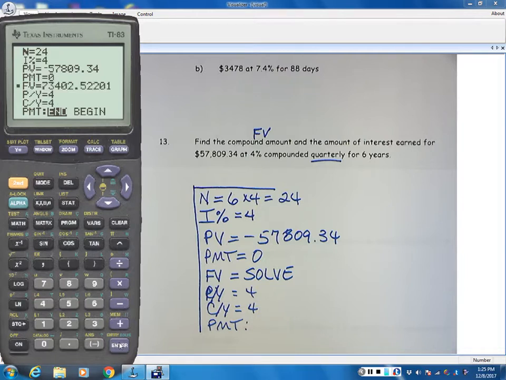And the interest rate is 4%. So the future value is going to be $73,402.52.